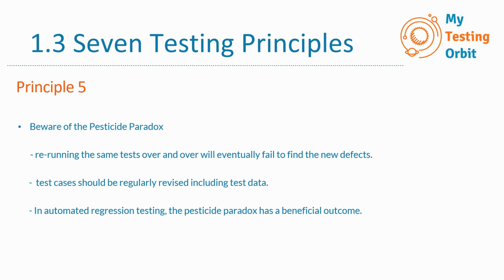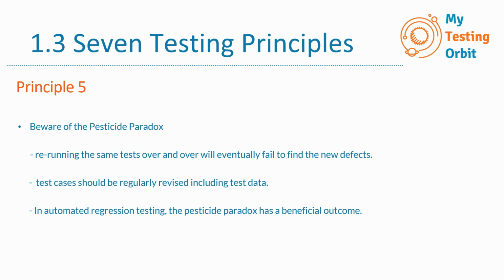By the term pesticide paradox, we mean that the more you test software with the same test cases, the more immune it becomes to those tests, because we are not changing the tests. It's similar to how insects eventually build up resistance and the pesticides no longer work. It's the same concept which applies when we run the same test again and again.